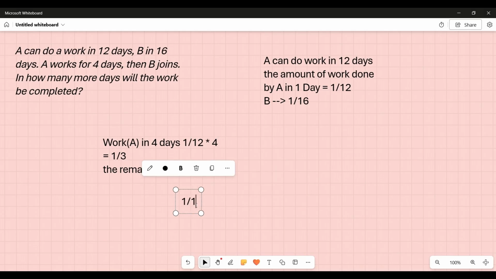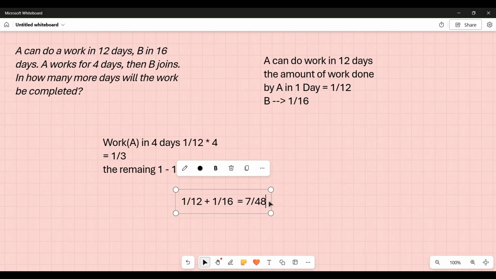So it will be 1 upon 12, which is for A, plus 1 upon 16, which is for B. When we solve it, the answer is 7 upon 48. So 7 upon 48 is the total amount of work done by A and B in a particular day.